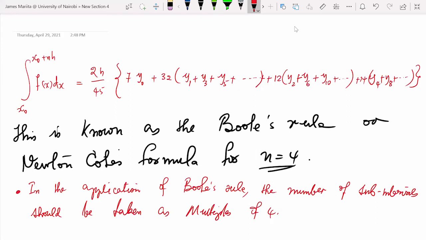So maybe we can have a look at an example here. Please go back to the previous slide.